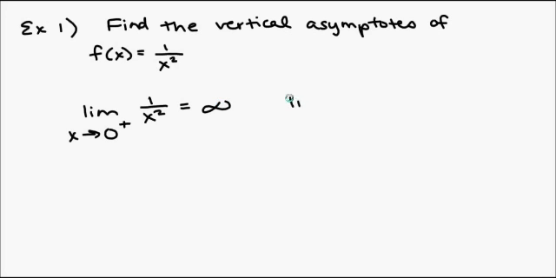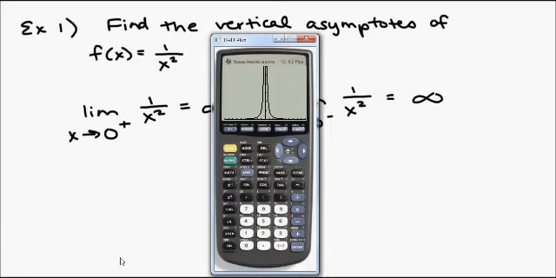If we look at the left-hand limit, that also is positive infinity. If you approach 0 from the other side, over here, that's also positive infinity because they're both going up.